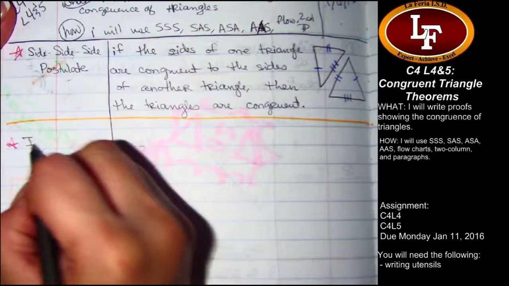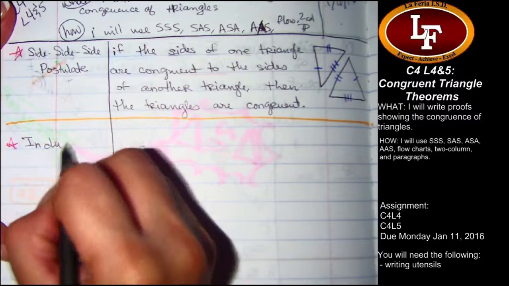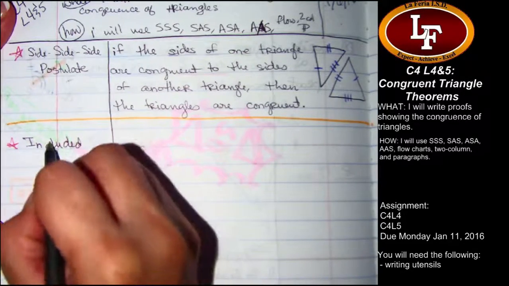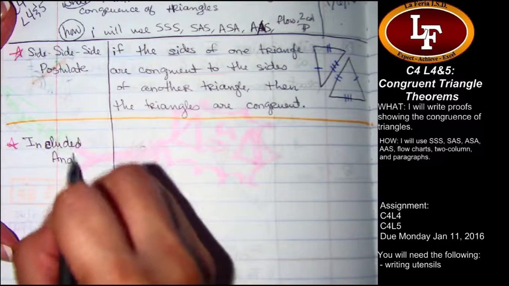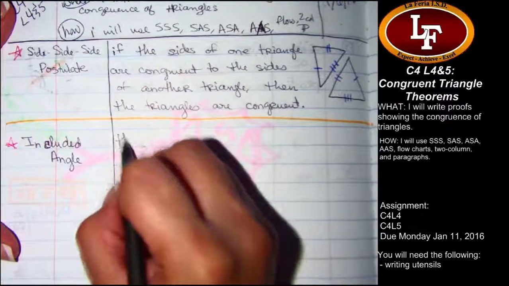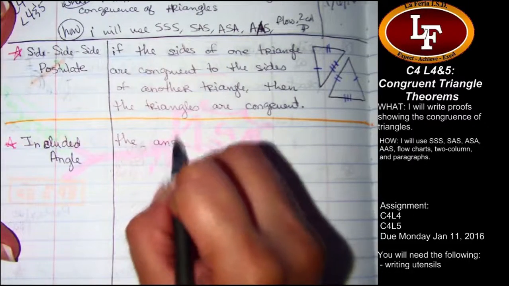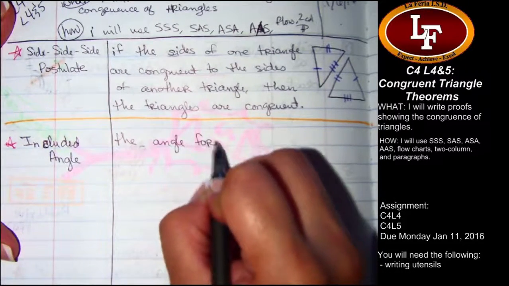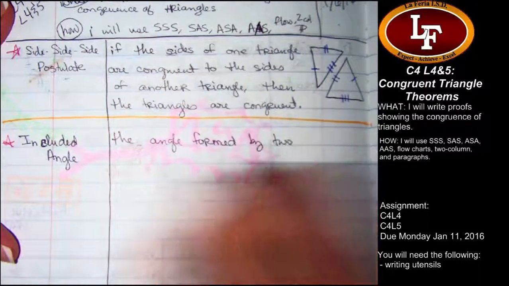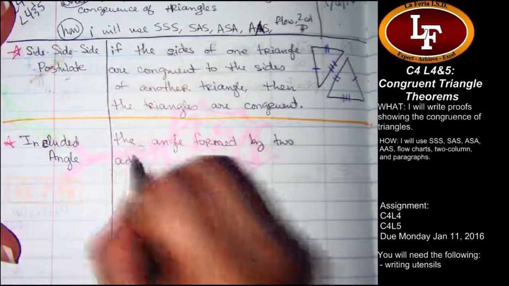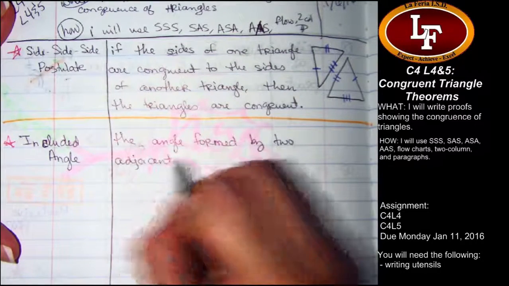Okay. I'm going to step away from the postulates for just a moment and talk about this idea of an included angle. Now an included angle is the angle formed by two adjacent sides in whatever polygon that you're looking at.